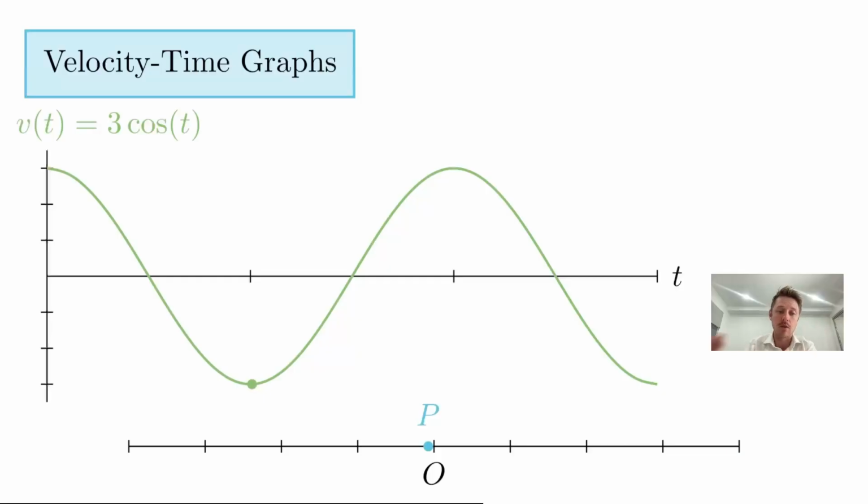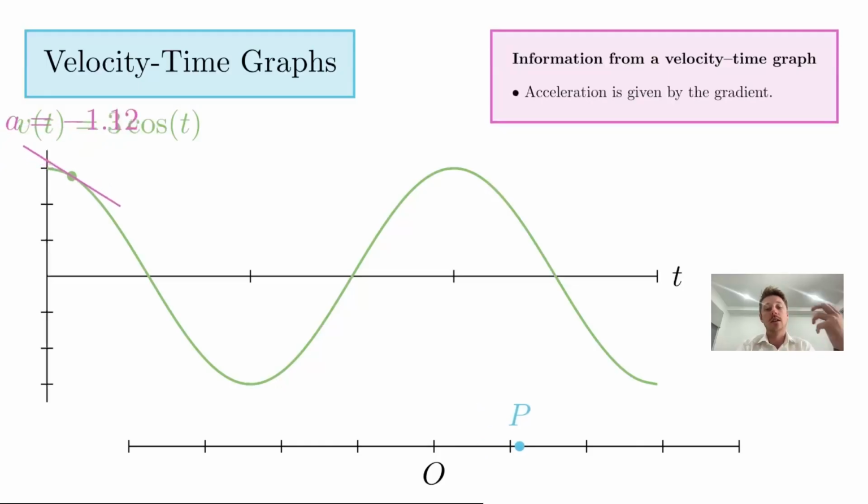So that minimum corresponds to a maximum velocity towards the left, where left is considered negative. Then back to here, it goes to 0, and then here it's maximum velocity to the right, and then back to 0.